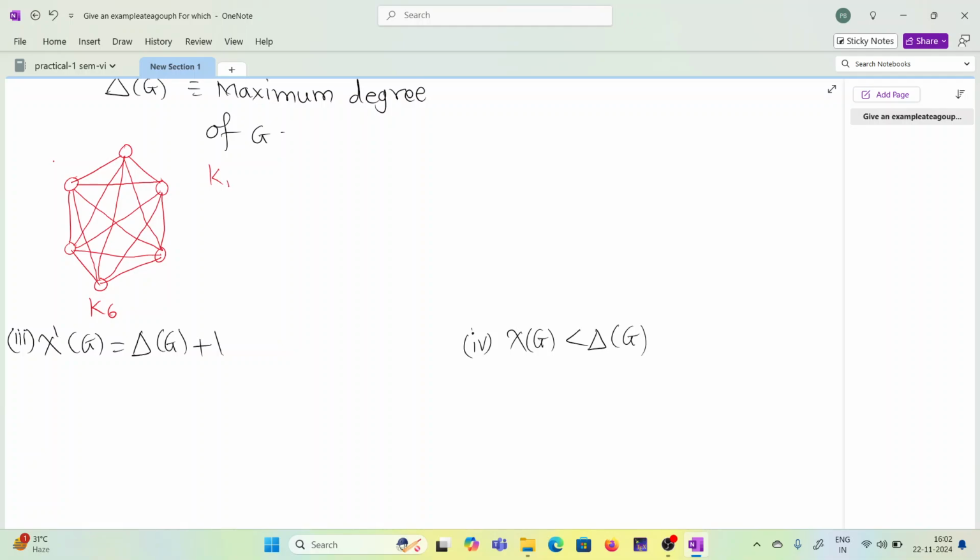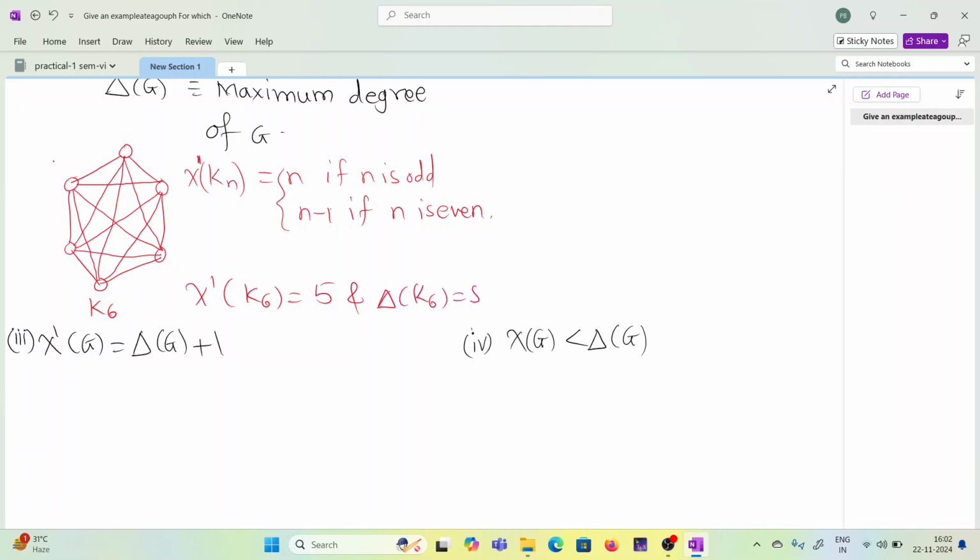We know that for a complete graph on n vertices, that is Kn, chi dash of Kn is equal to n if n is odd and n minus 1 if n is even. So here K6 means 6 is an even number, so chi dash of K6 is equal to 5, and delta K6 is also 5. So K6 is an example of a graph for which chi dash of G is equal to 5, which is equal to delta G.